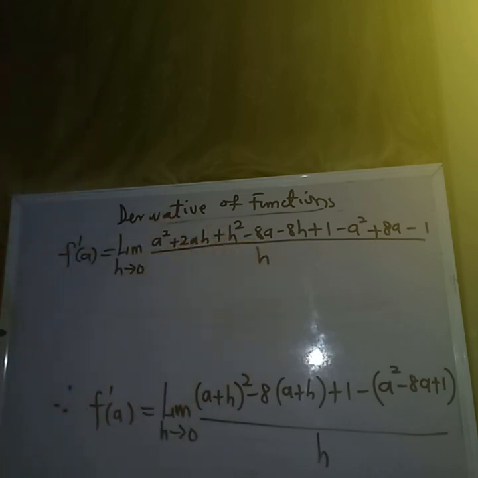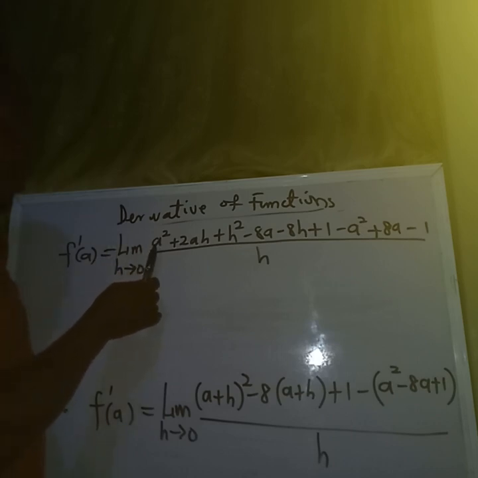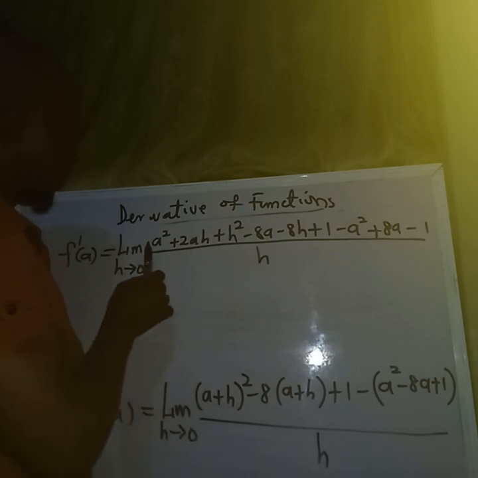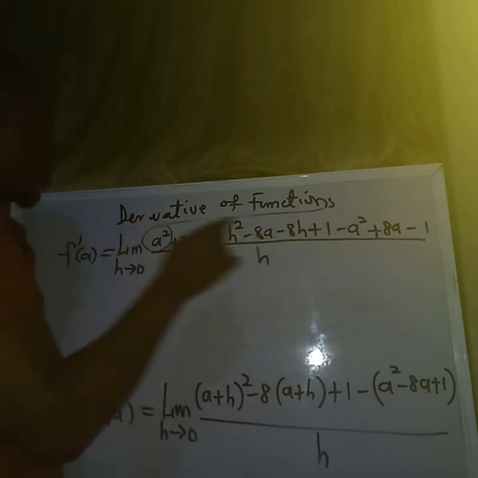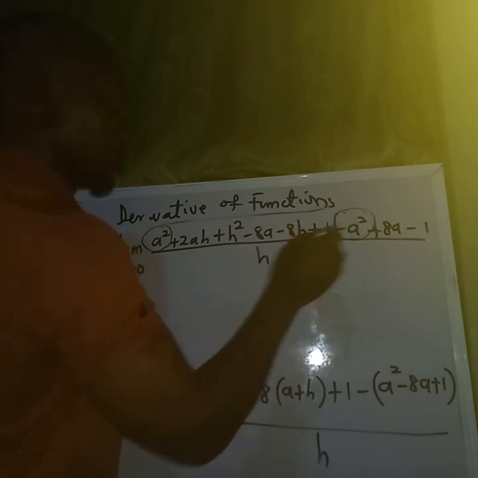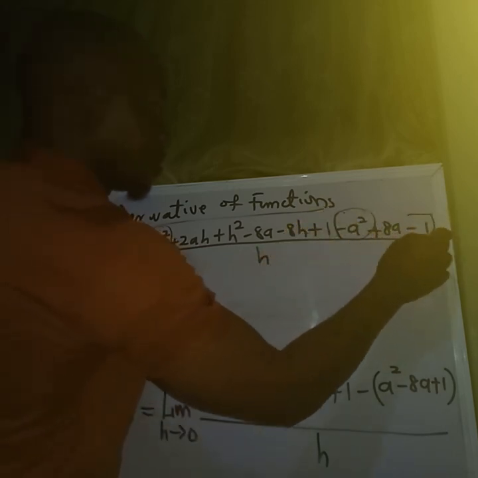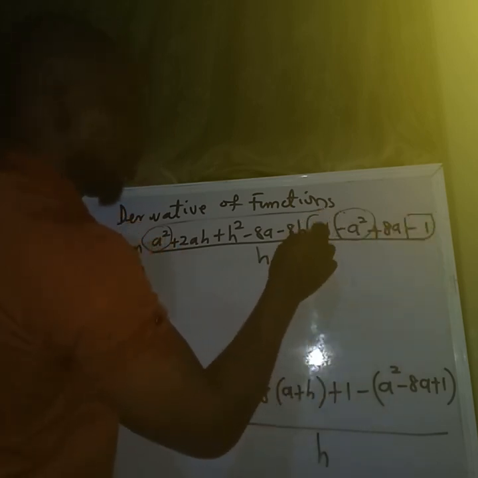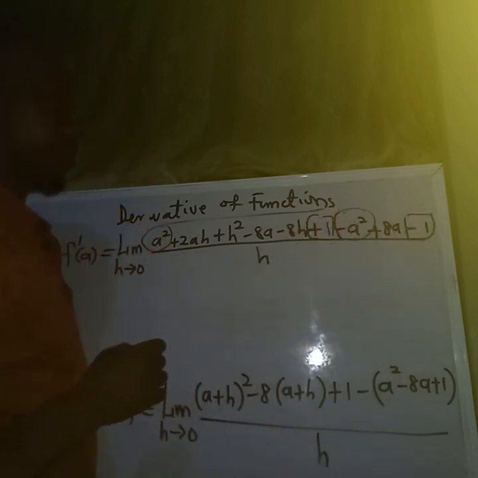Here, we see that some terms are alike. For example, we have positive a squared and negative a squared; these two terms take care of one another. We also have negative 1 and positive 1, which also cancel.